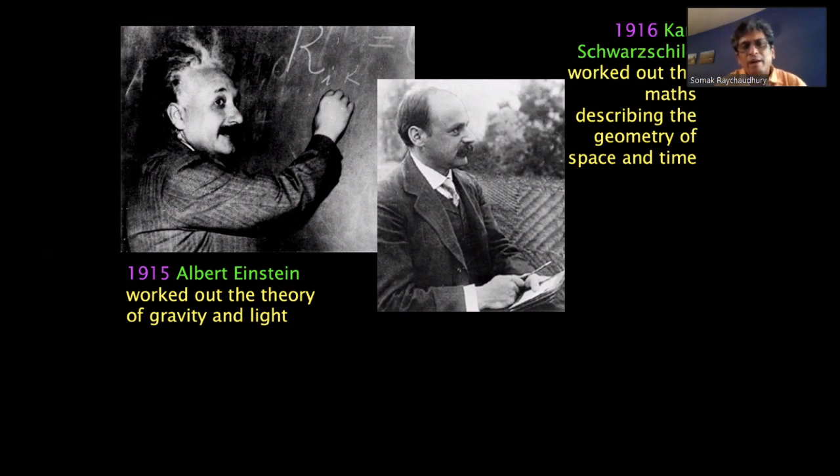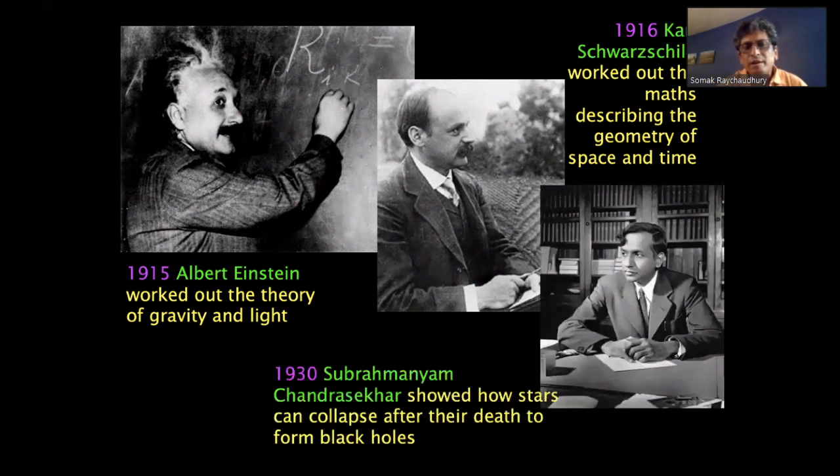I just told you it's not that easy at all to convert an object like me or you or the Earth or the sun into a black hole, because you have to shrink something down to a very small radius. And to do that, you have to then look at what Chandrasekhar did.